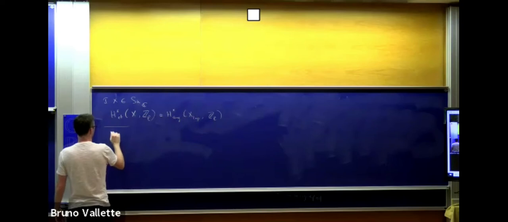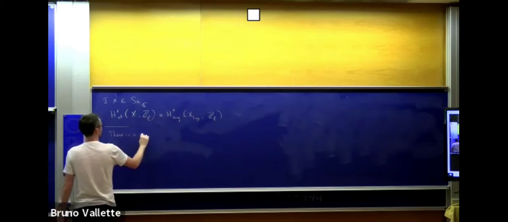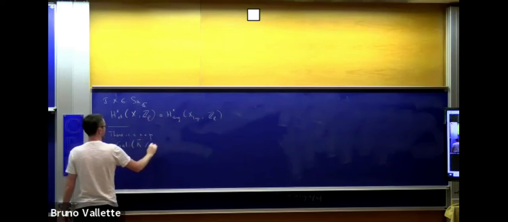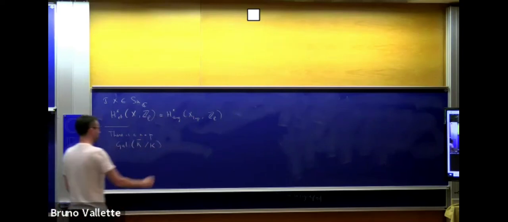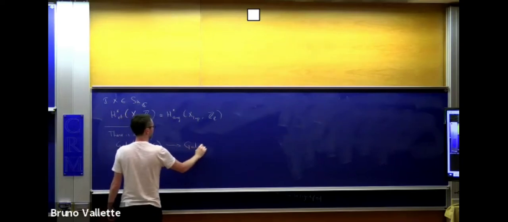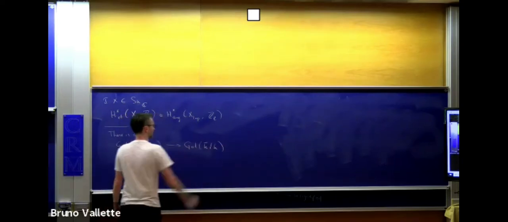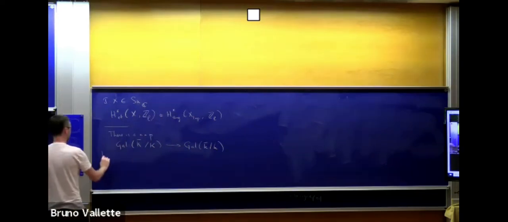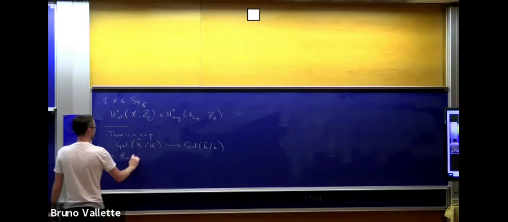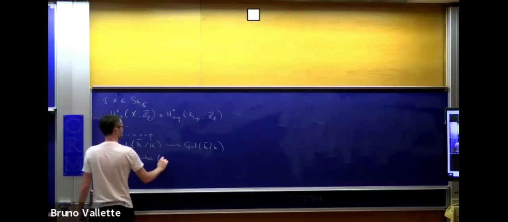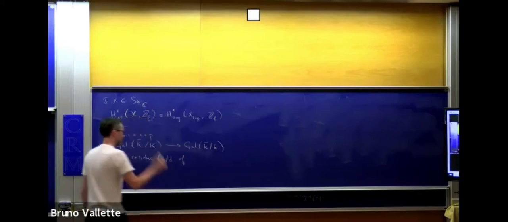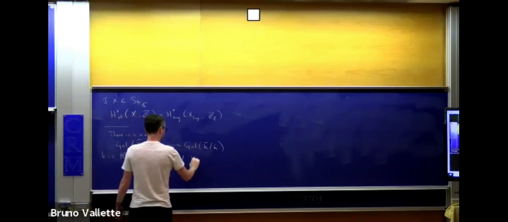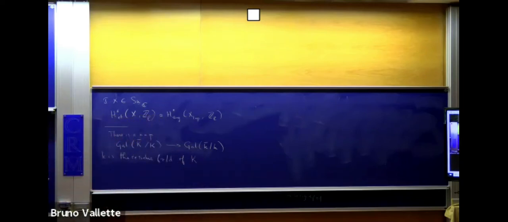There is a map from the absolute Galois group of K bar over K to the absolute Galois group of the residue field of K, where little k denotes the residue field of big K. Big K is a p-adic field, so it has a p-adic valuation.